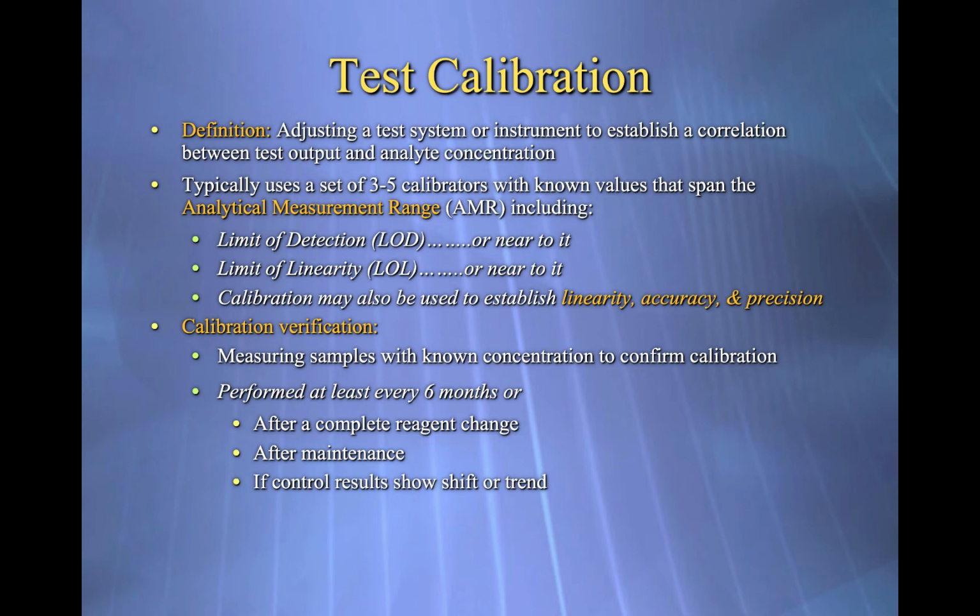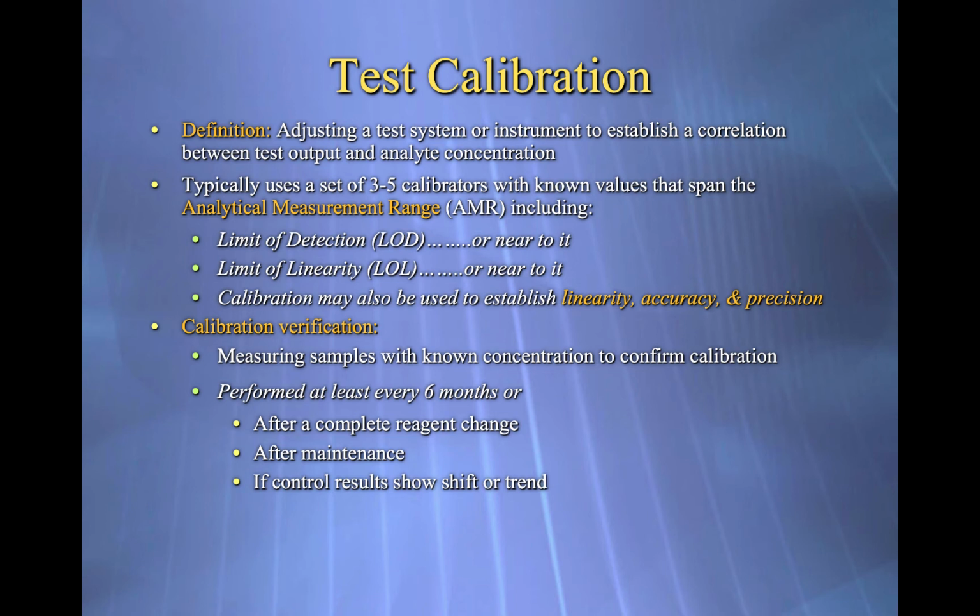I can't calibrate the test out there. Similarly, on the low end, gee, I think the assay can go down to 5, but I've only got a calibrator that goes down to 7. I probably shouldn't be reporting under 7 because I really don't have anything to test it down there. You have to go through a lot of machinations to be able to test those little ends on anything. So you want to get calibrators that almost, if they don't span the analytic measurement range of your instrument, get as close to it as you can.